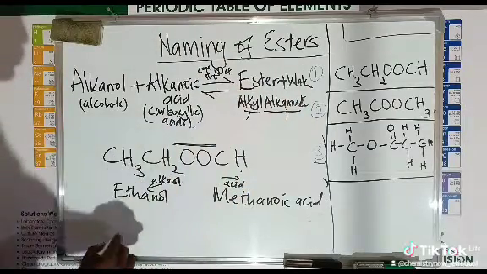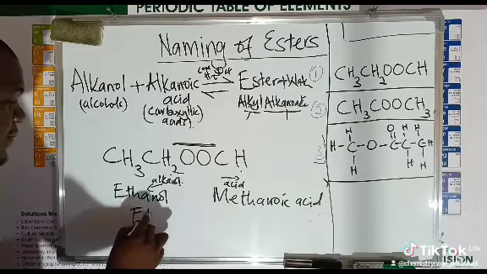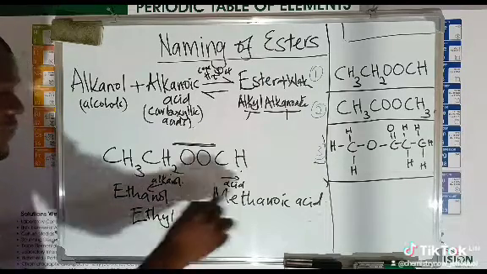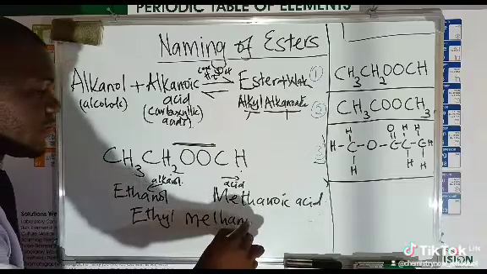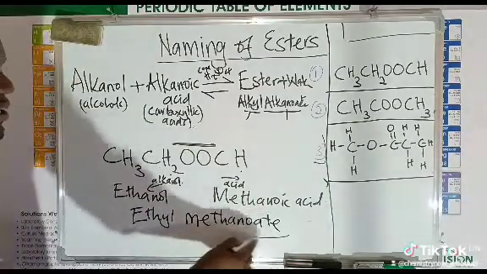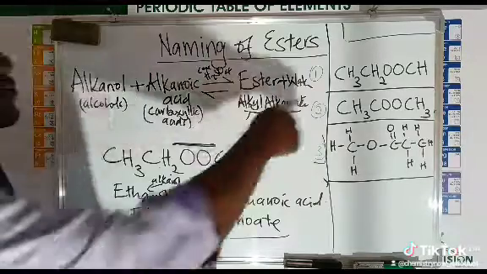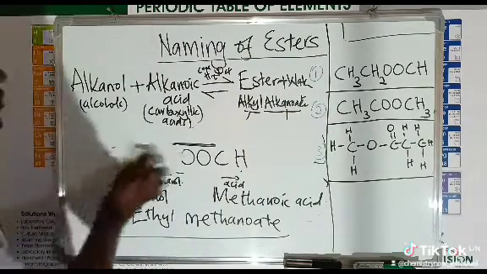So our alcohol today is ethanol, and so this ester must be ethyl methanoate. Ethyl methanoate. So this is the name of our ester there. Now let us look at the next.